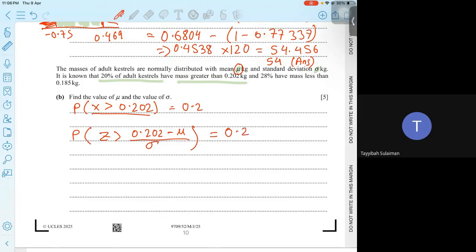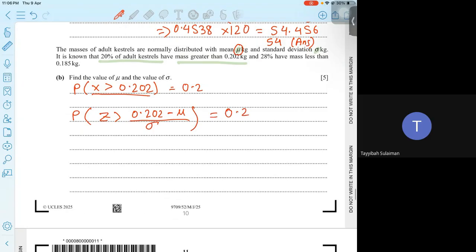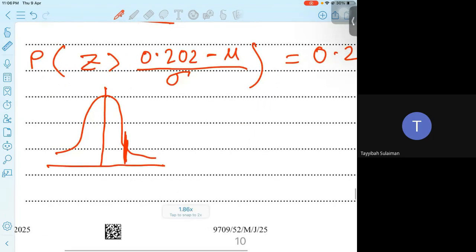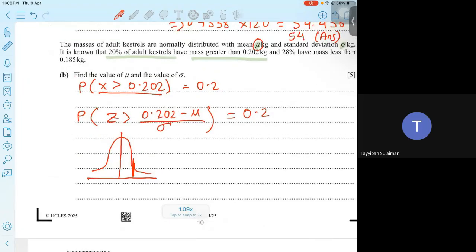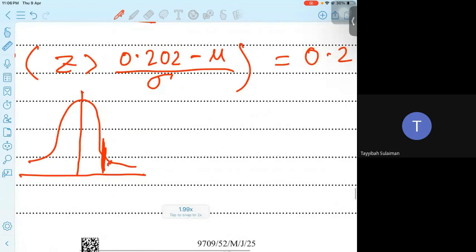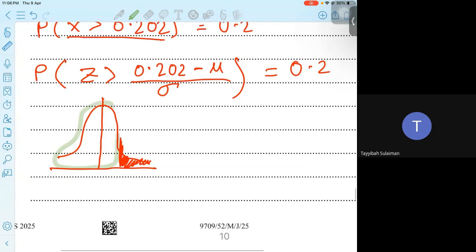Now, the way this works is in the diagram, if visually depicted, this is 20% of the people, and this is the remaining part, right?